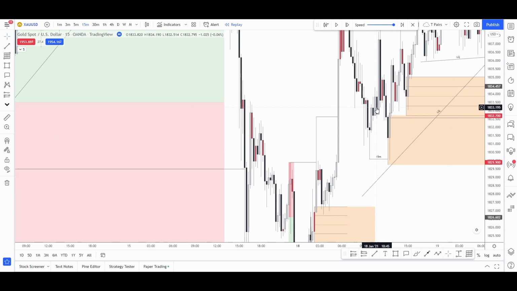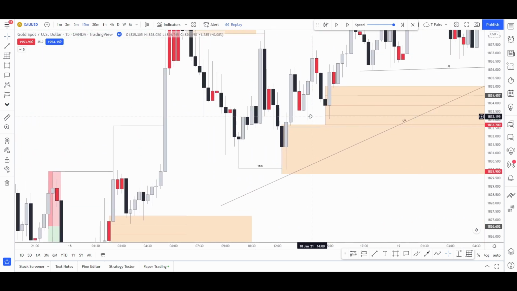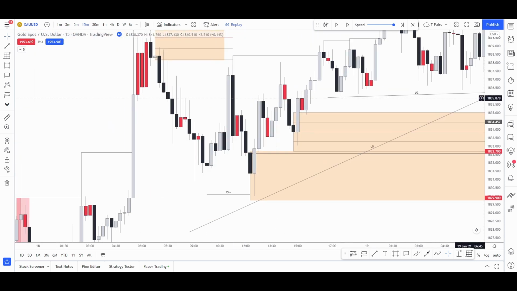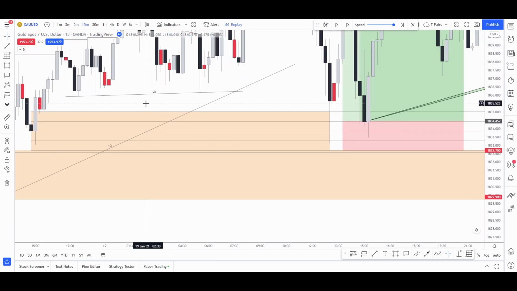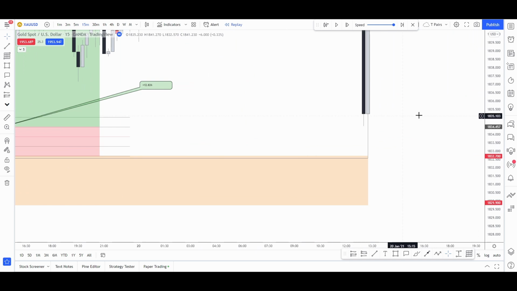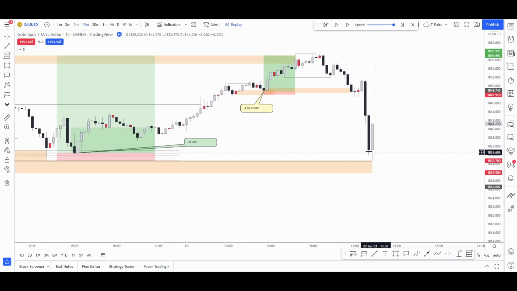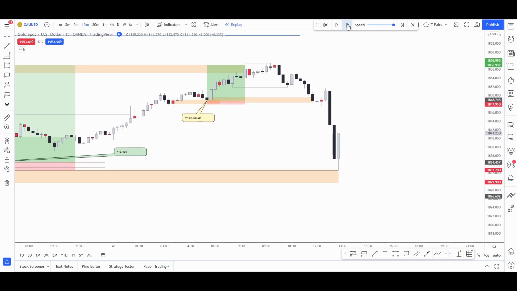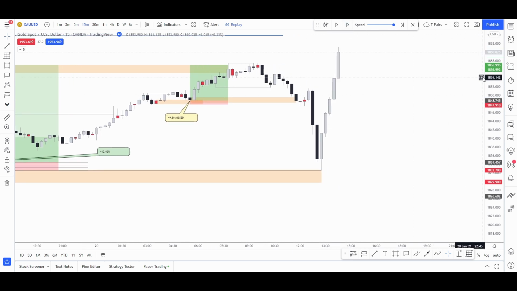Let's come back here. Was there anything amazing which had happened? No, just kind of tapped into it. Maybe on a lower time frame, maybe there were a few inside bars or something, I don't know. But price has decided to reverse right there, at least for the time being. Let's keep on going. Look at the size of these candles.